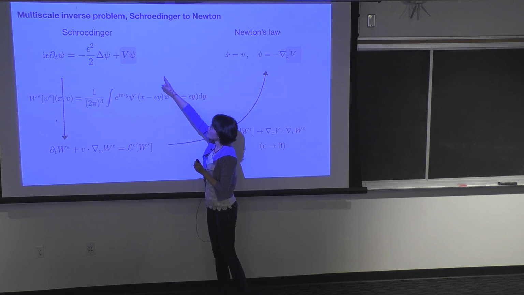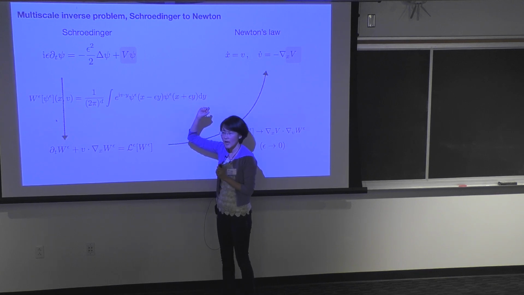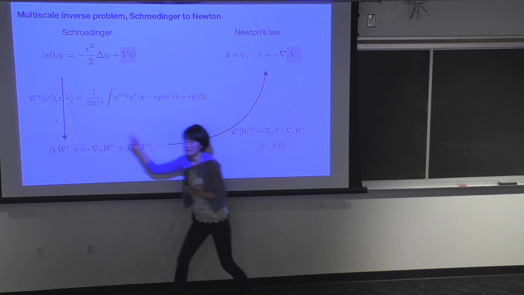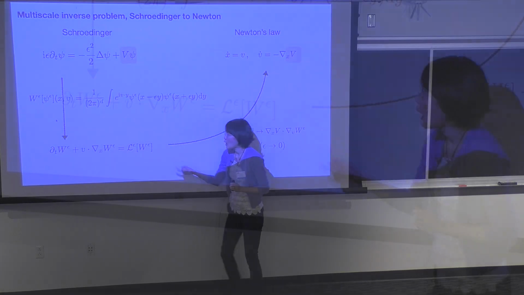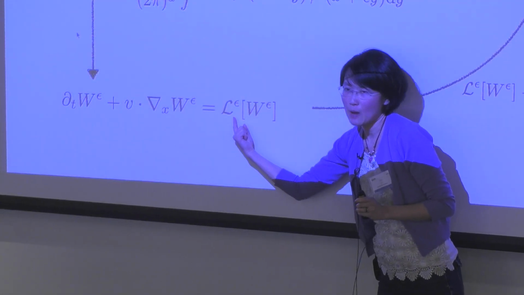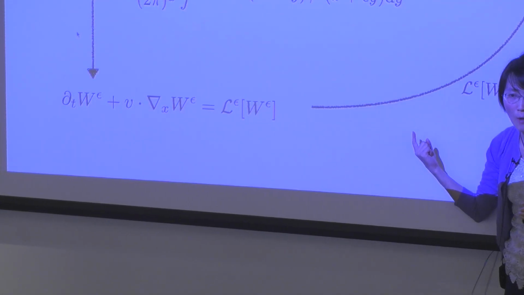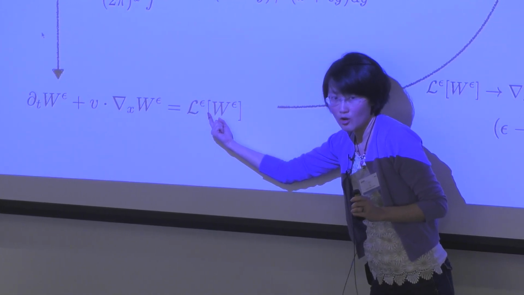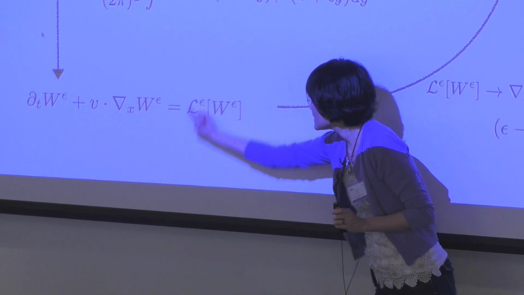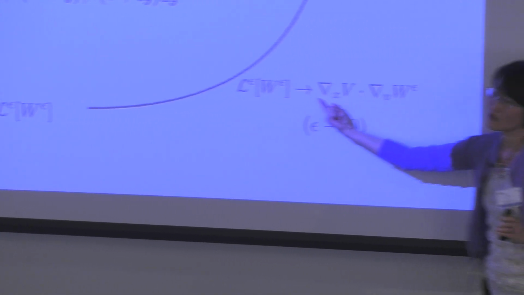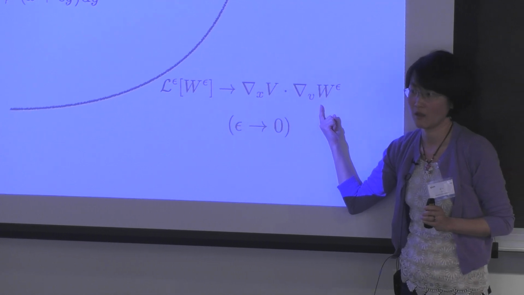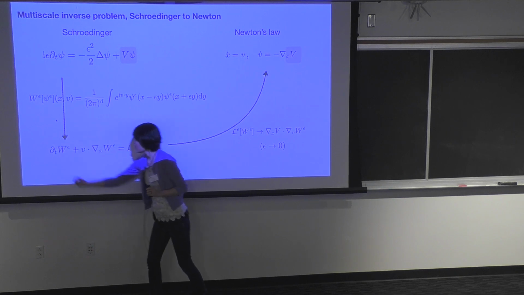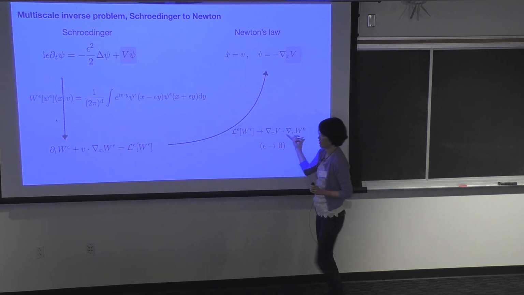Suppose your original function satisfies the Schrodinger equation. I claim the Wigner transform satisfies this equation. This equation looks simple, but I'm hiding all the secrets in this operator. It's a very complicated integral. However, as epsilon goes to 0, formally you can derive that this operator converges to a very simple operator as well. So now we have one equation with the time derivative balancing with two terms.